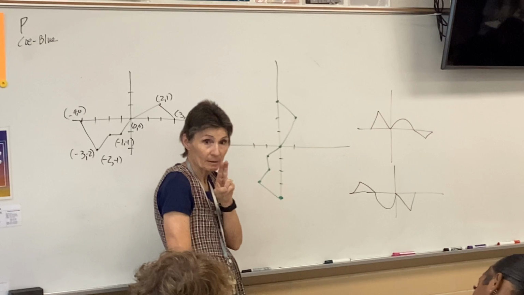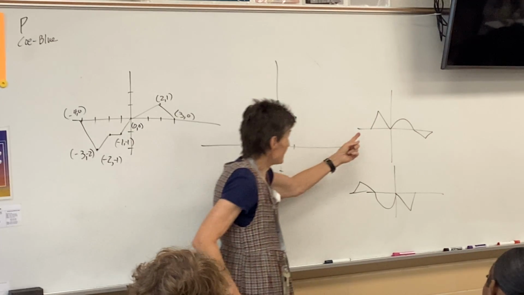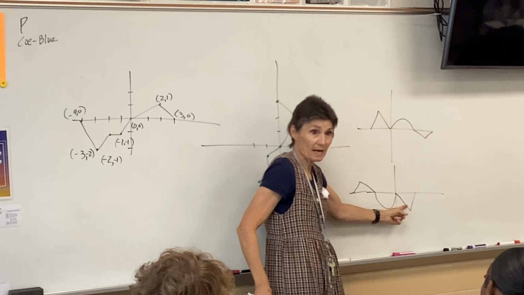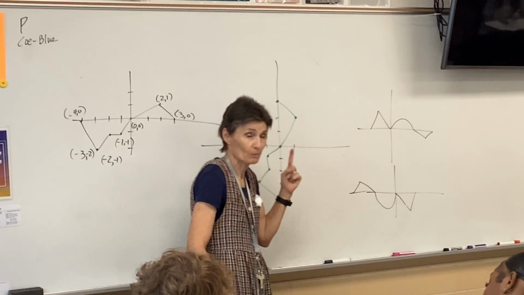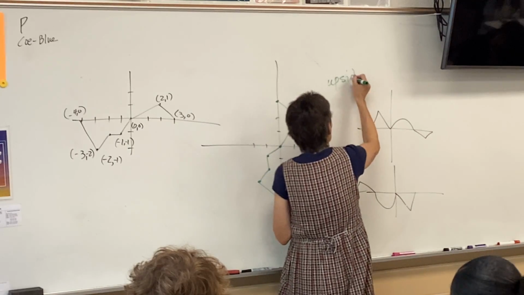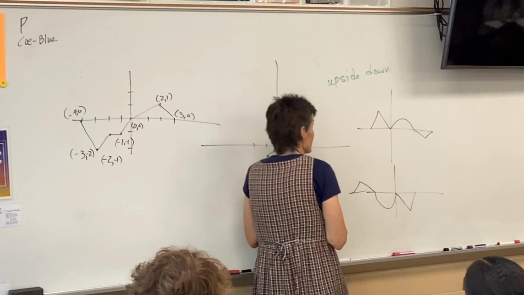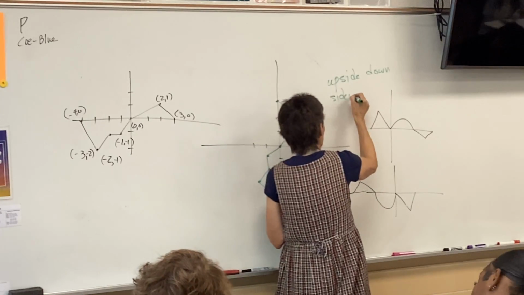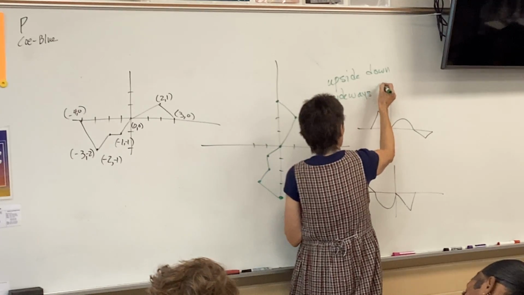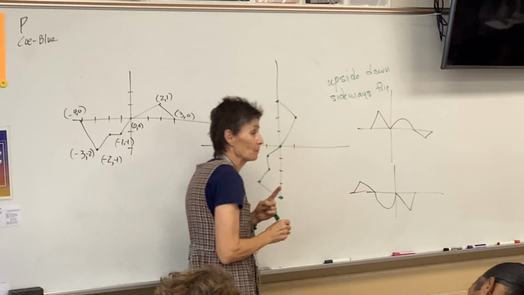Two things happened. Flipped it upside down. See how that's pointing up and now it's pointing down. So I flipped it upside down for sure. What else happened? Flipped it sideways. It flipped both ways. It went upside down and it flipped sideways.